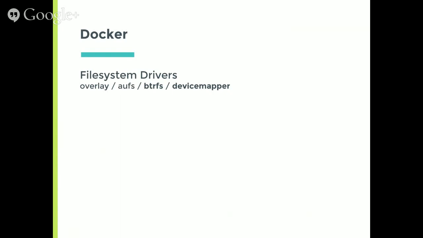They bumped it to 127 now, but still, you're going to hit this limit at some point. And OverlayFS, I never heard of this thing before. Device mapper is the most stable one. BTRFS is the fastest one. So what we use is BTRFS on our build machines because we want fast builds, and we use device mapper on our front ends.